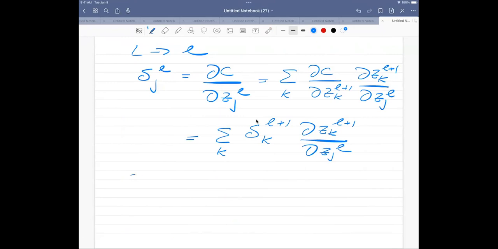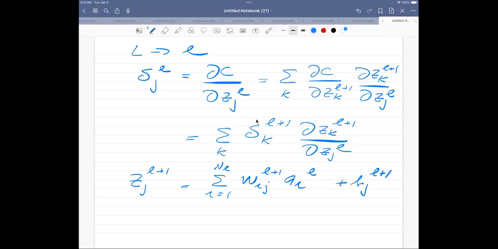Now, if I look at the variable z of L plus 1, the input to node j in layer L plus 1, this is the same as the sum over i equal 1 up to nL of the weights ij of L plus 1, multiplied with the output from that specific layer, plus this bj of L plus 1.